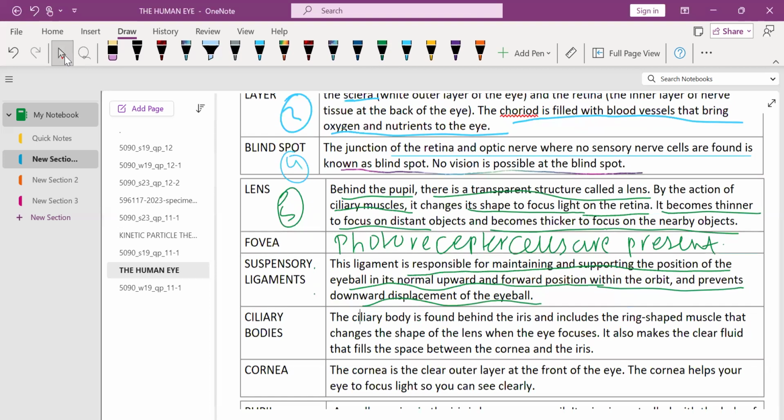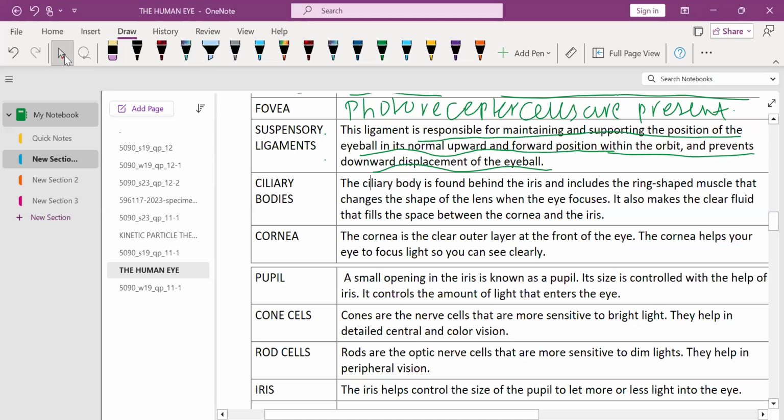Then we have ciliary bodies. They are found behind the iris and include the ring-shaped muscle that changes the shape of the lens. So the function of the ciliary body is to change the shape of the lens when the eye focuses.